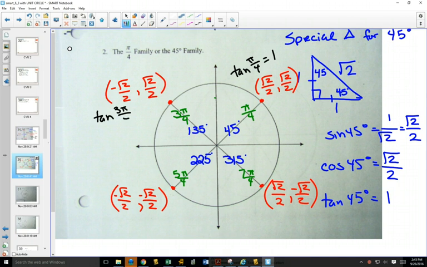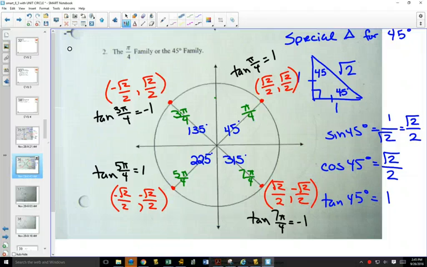Tan of 3 pi over 4, that's going to be negative 1. Tan of 5 pi over 4 is positive 1 again. And tan of 7 pi over 4 is negative 1. So again, according to the cast rule, tan will be positive in quadrant 1 and quadrant 3, but negative in quadrant 2 and 4.